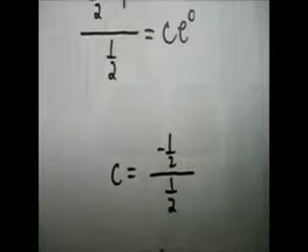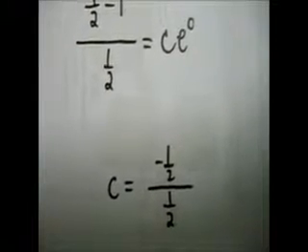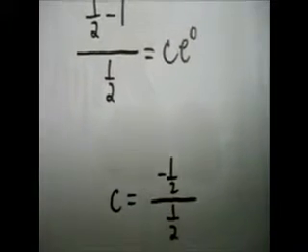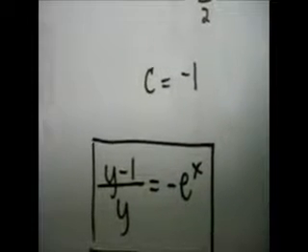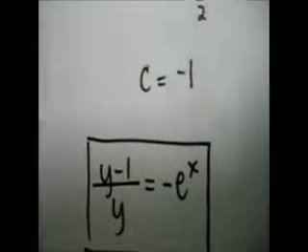So what remains is c is equal to negative 1/2 over 1/2, which is just equal to negative 1. So substituting negative 1 into our formula, or the answer from a while ago, we have y minus 1 over y is equal to negative e to the x.